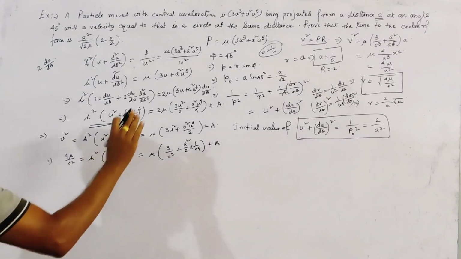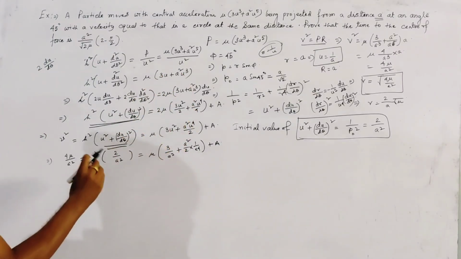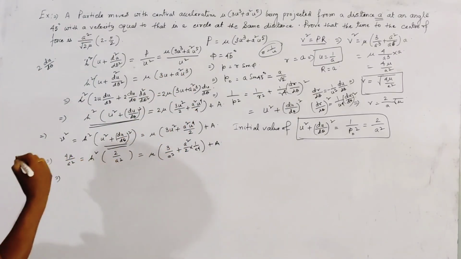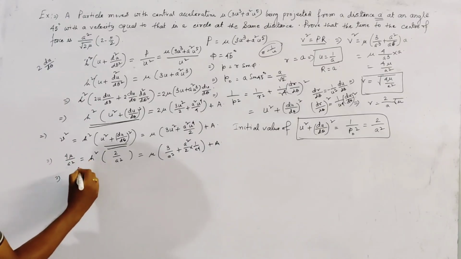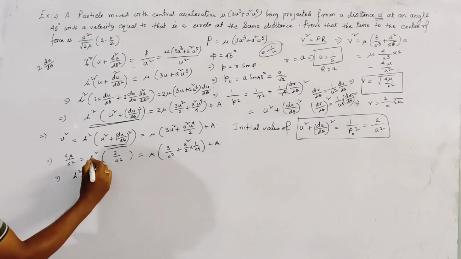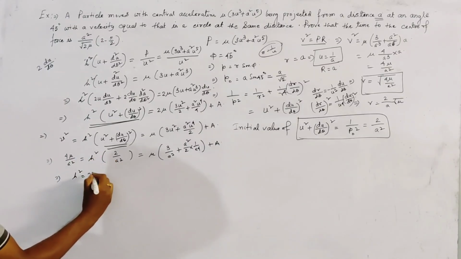We put in all three initial conditions here, and from the first two portions we get the value of h square, which is given by 2 mu.